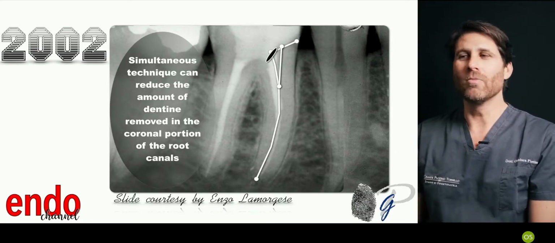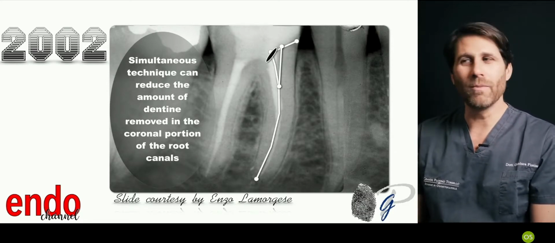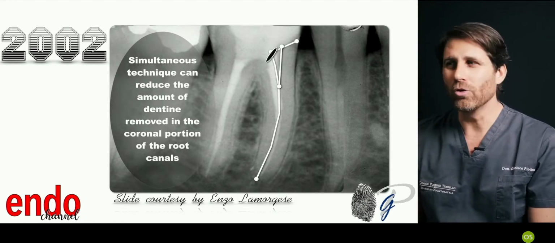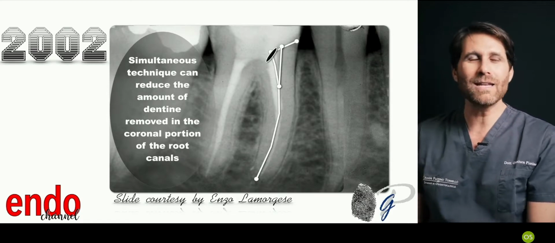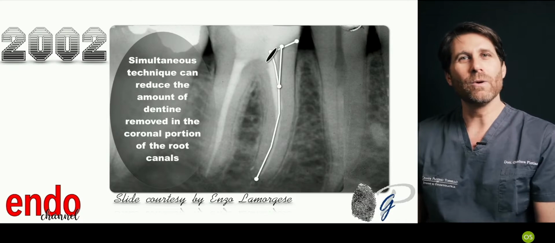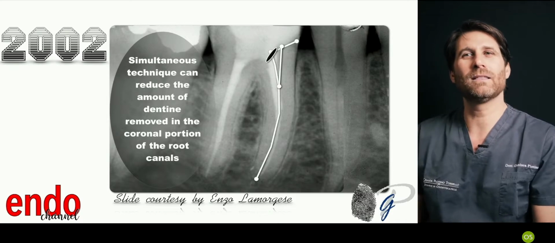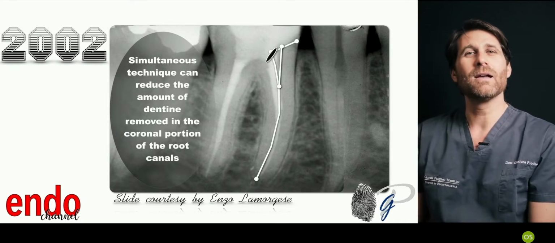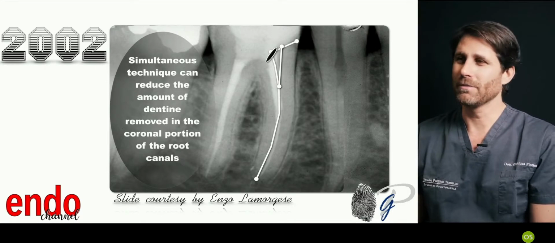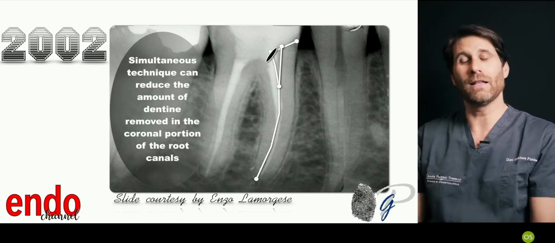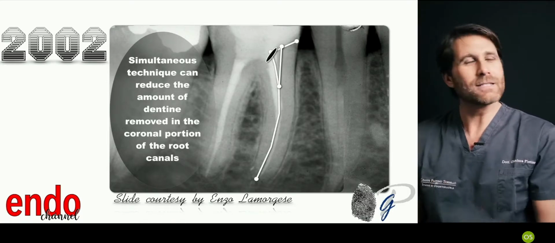nickel titanium rotary files. In that moment, we were already able to apply this concept of maintaining tooth structure because we started to use some instruments with performance that may help us follow this concept. So the concept that I'm giving you today is nothing new.